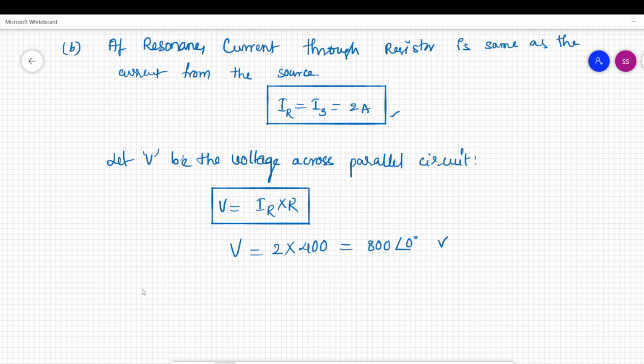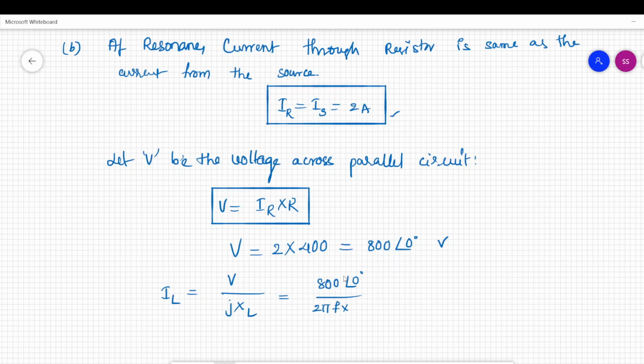Now we can find the current through the remaining elements. First I am going to find the current through the inductor, that is equal to V by jXL, right? V is 800 at 0 degrees, XL is omega into L, it is 2 pi f into L. What is the value of L here?